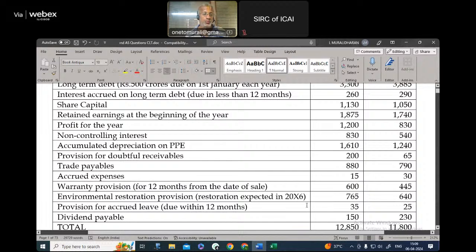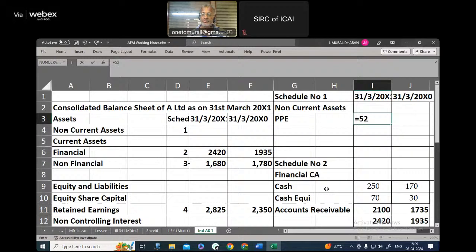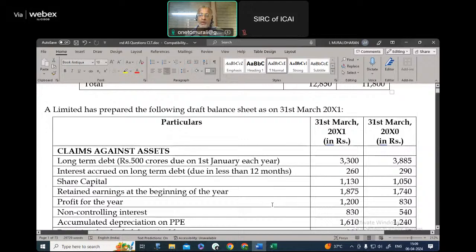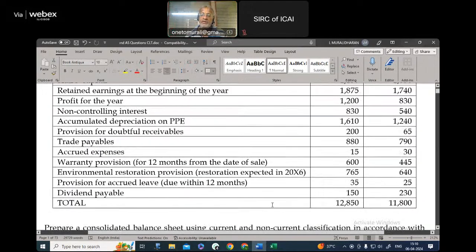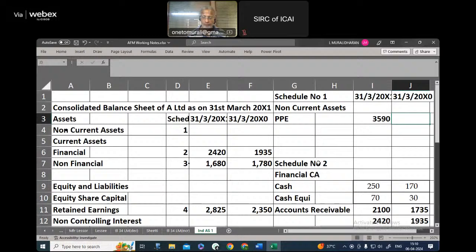It is 3,590 and 4,700 minus 1,240, 3,460. Then investment in property.